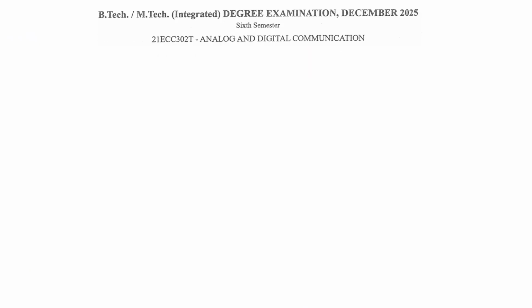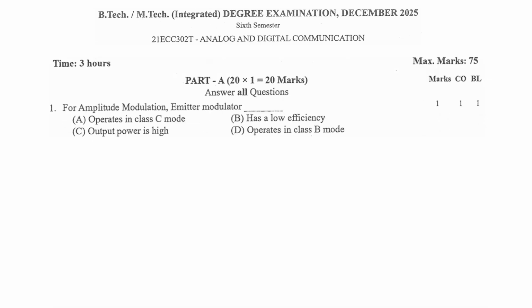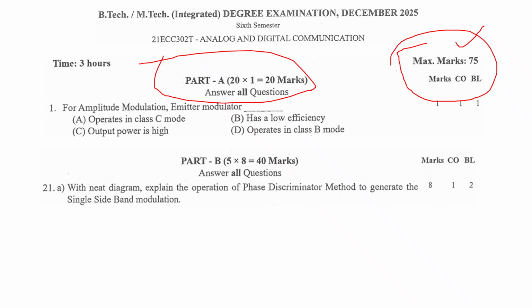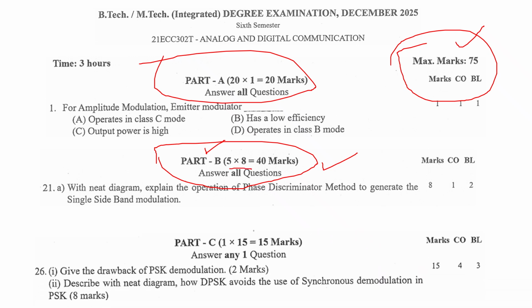Okay, so let's take the question. First of all, let me tell you again, the external exam will be of total 75 marks and there will be three parts. Part A will be MCQ, with a total of 20 MCQs. Part B will contain 5 questions, one question from each of the units, and each question will carry 8 marks, so total 40 marks.